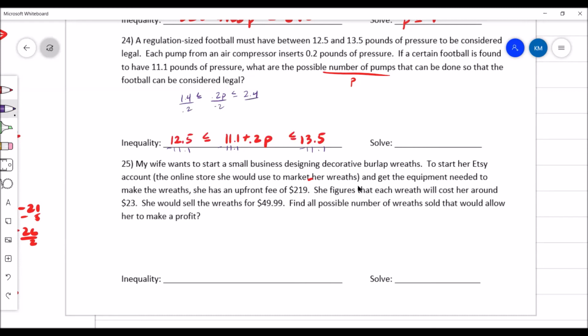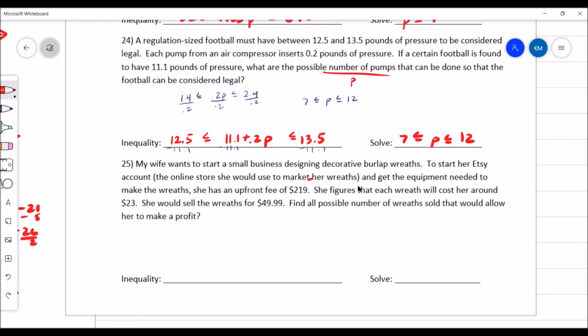So that'll give me 7, P, and that will give me 12. So what are the possible number of pumps? Anything between 7 and 12. I can write that as a compound inequality right away because whole numbers make sense. Anywhere between 7 and 12 pumps gets us a legal ball.